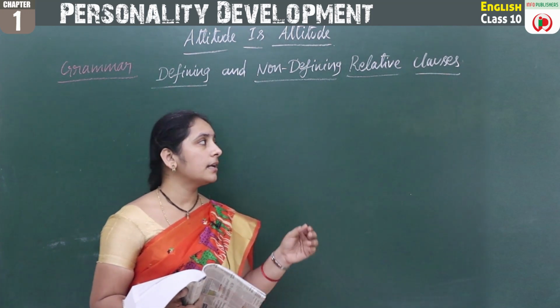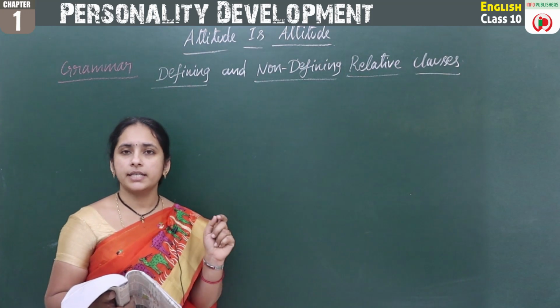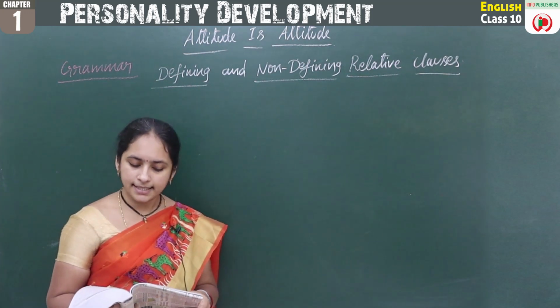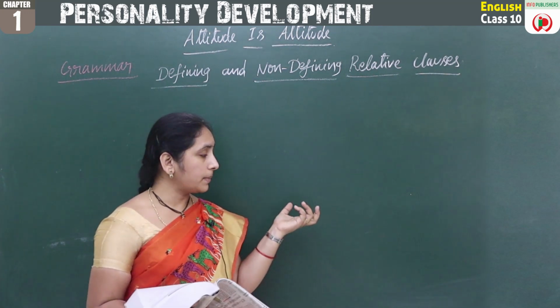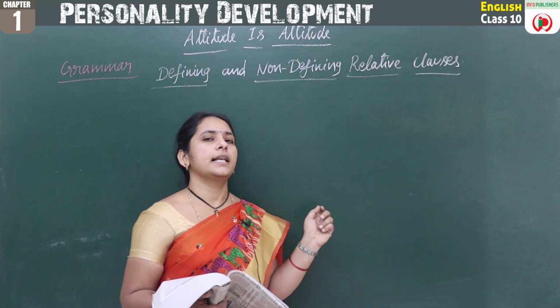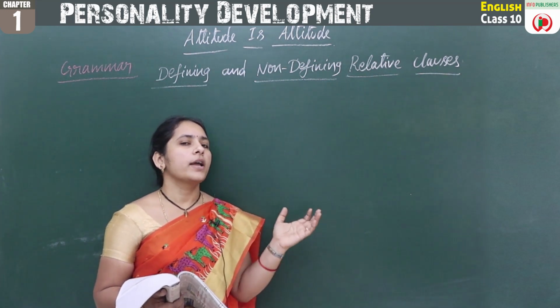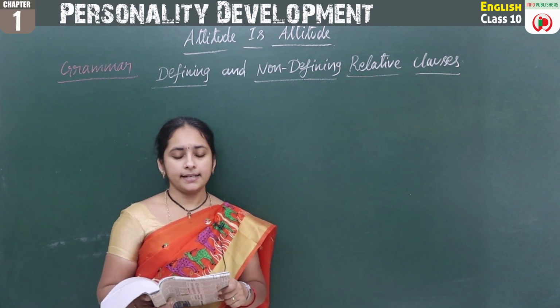So write that answer: which is away from noisy city life. Okay, have you written? This is the peaceful place which is away from noisy city life. Okay. Next one, see the second sentence.